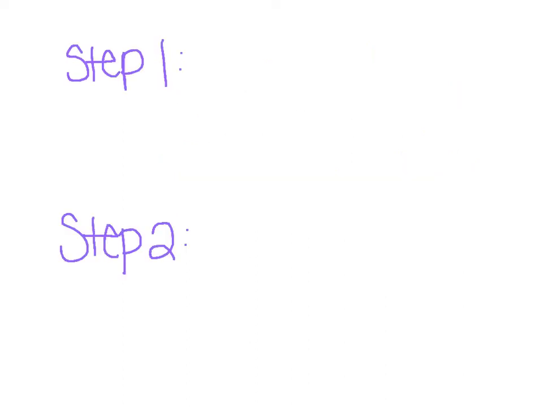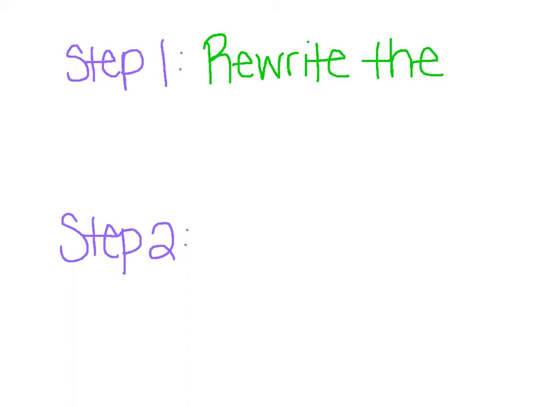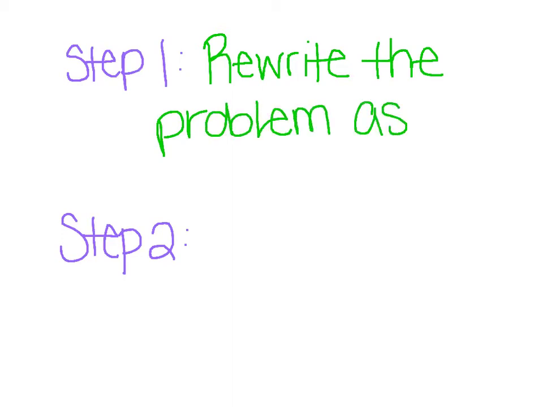So let's discuss the process in subtracting polynomials. Before, when we learned to add polynomials, all we had to do was combine like terms. Well, now there's going to be two steps to subtract polynomials. Step one is we're going to rewrite the problem as an addition problem.